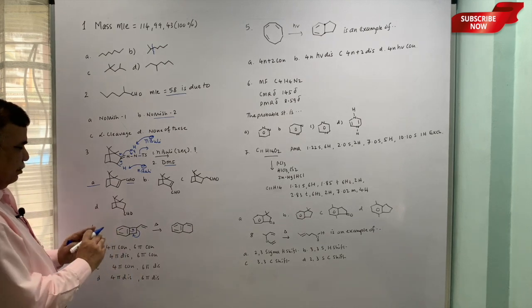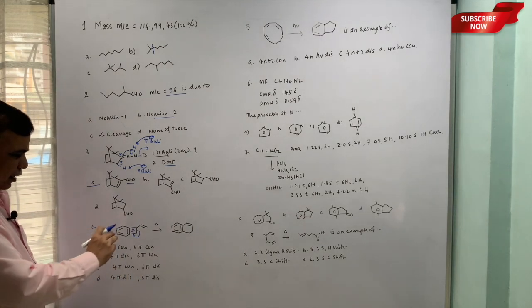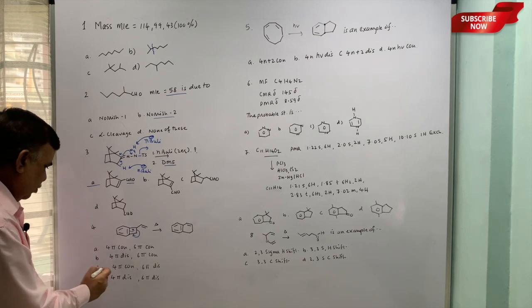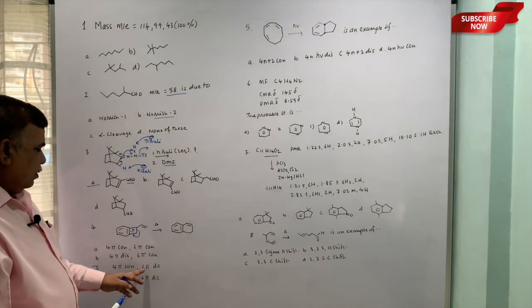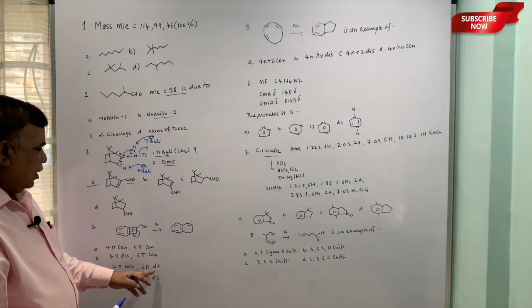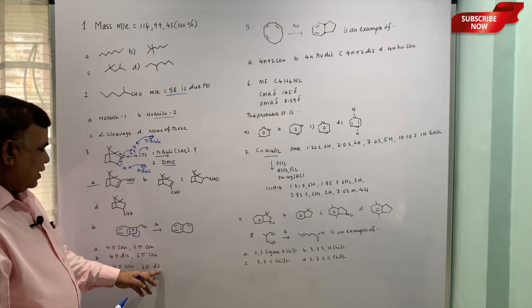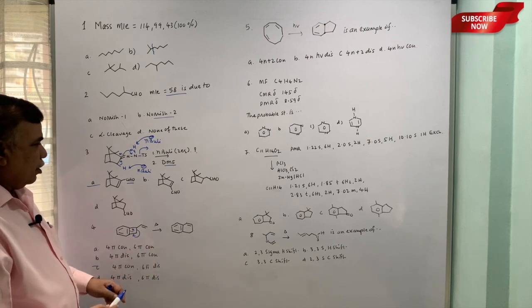So an intermediate is formed, and then that intermediate, so it is 4n thermal con and 4n plus 2 thermal is dis. So the third option is correct.